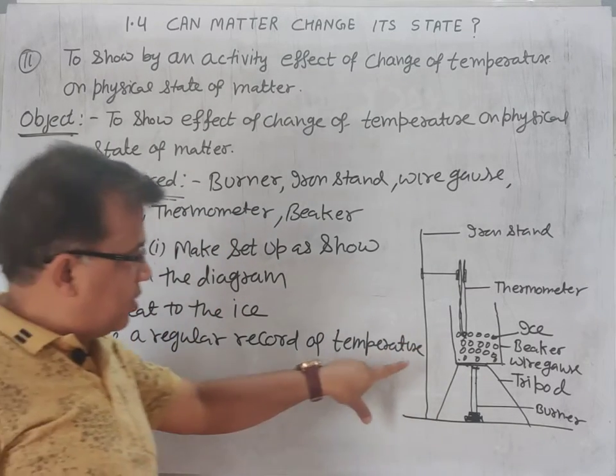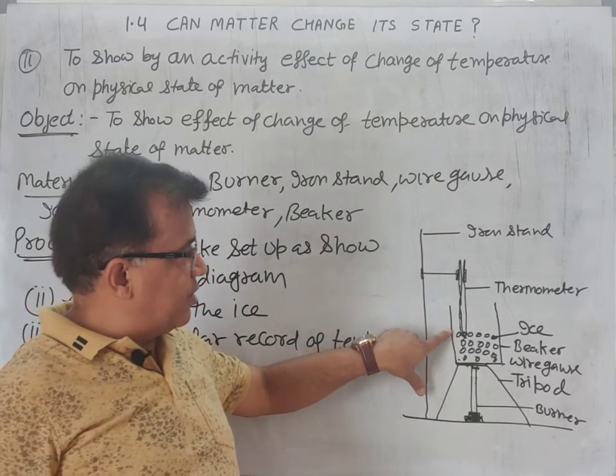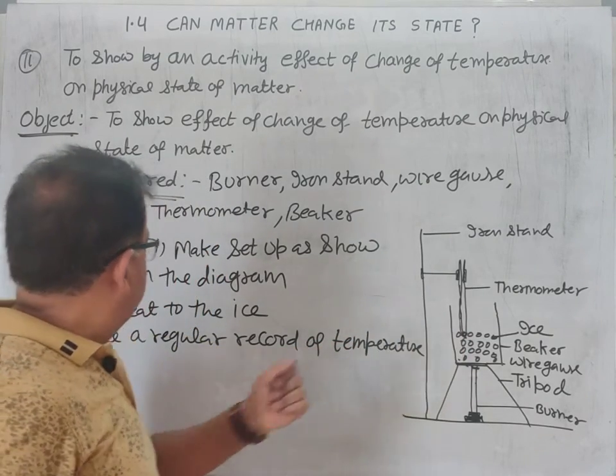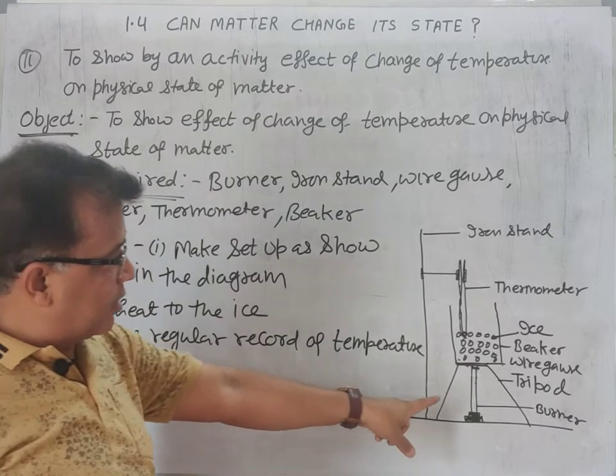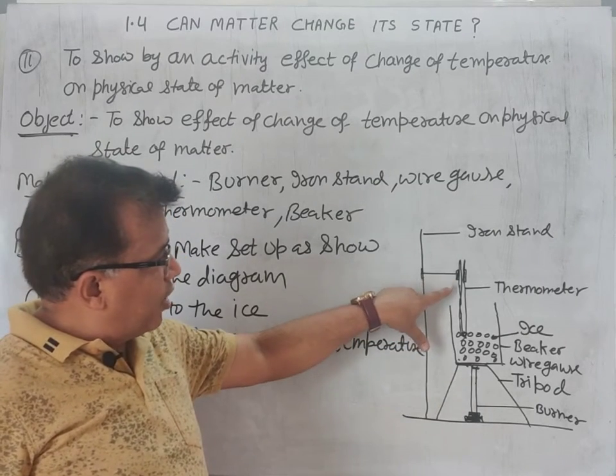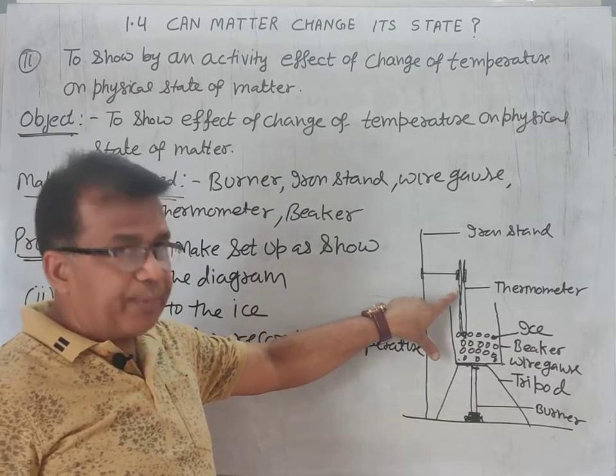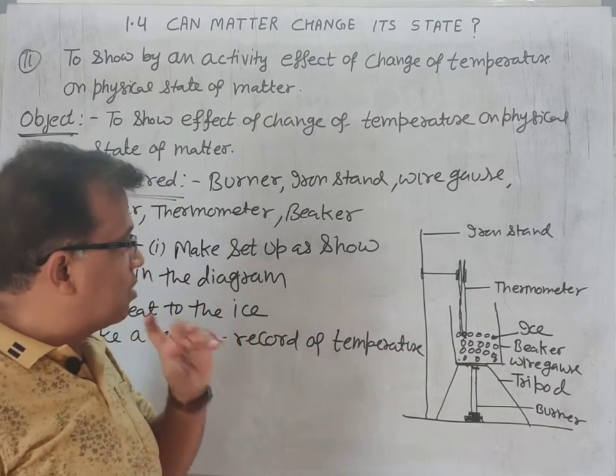So we shall make this setup, place ice in it, give starting heat by burning the burner, and note down the temperature. Read the temperature in the thermometer and note it down in the book.